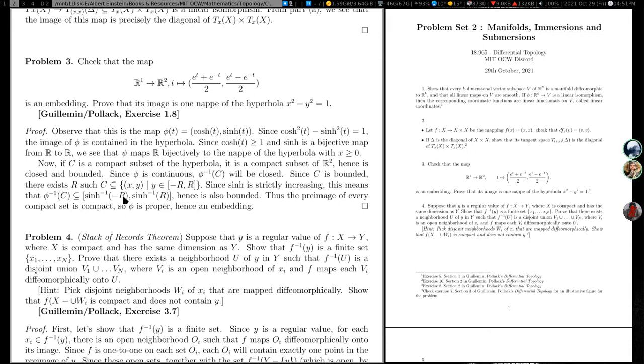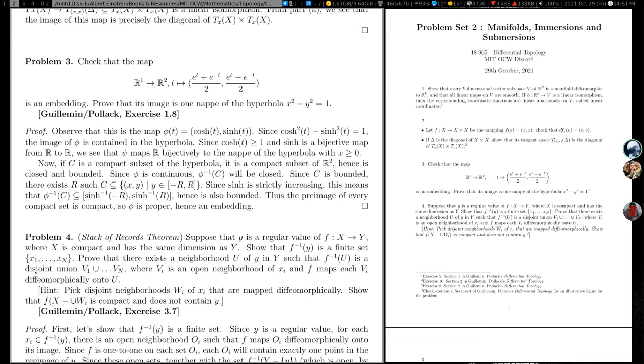Now, since sinh is a strictly increasing function, the preimage is going to be between the arcsinh of negative r and the arcsinh of r, which shows that the preimage is also bounded. That's clever. So using Heine-Borel the other way around, the preimage is closed and bounded, so it's compact.